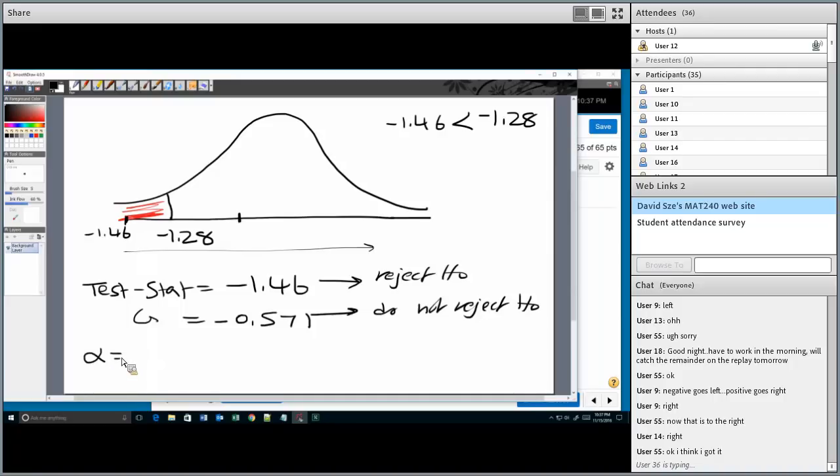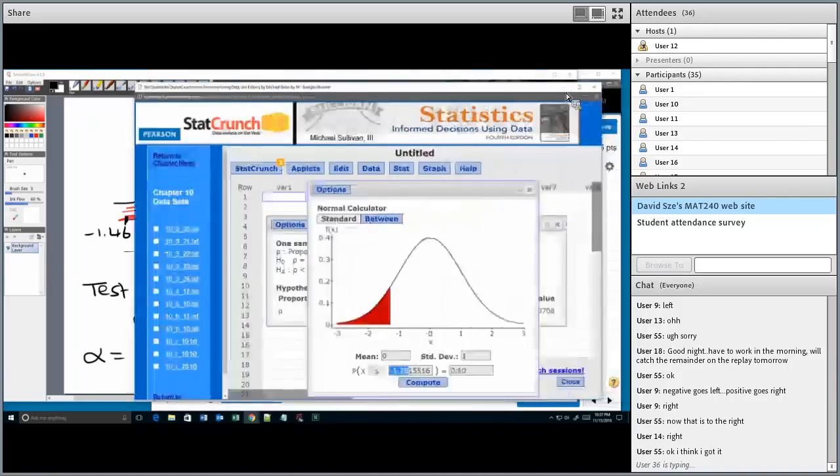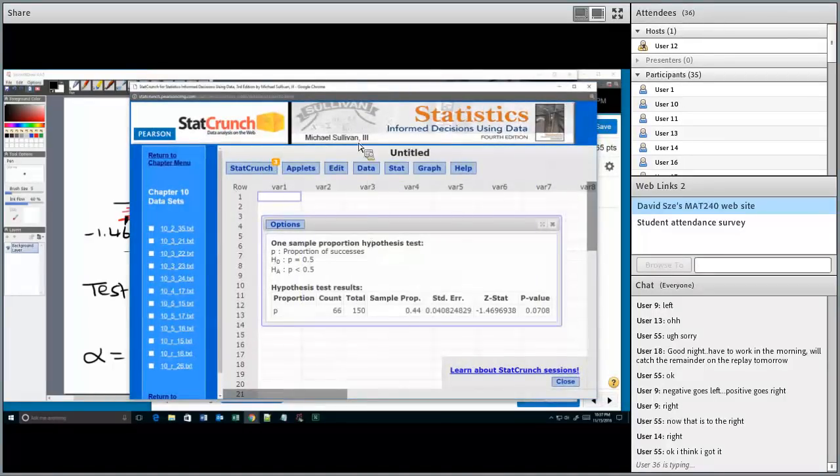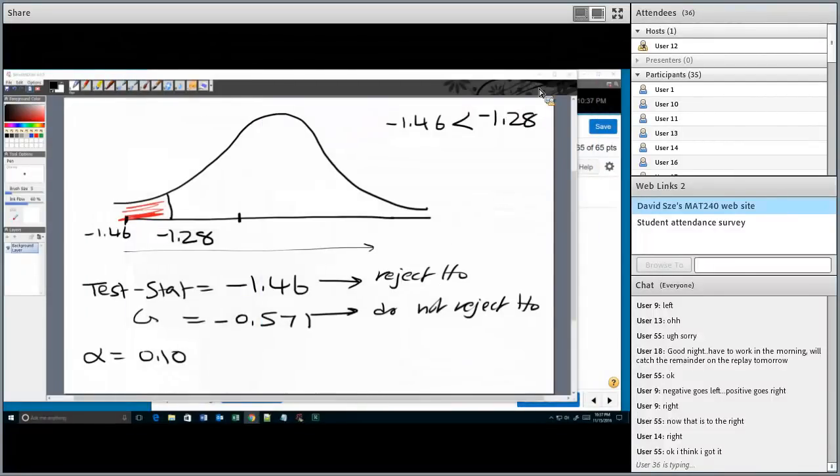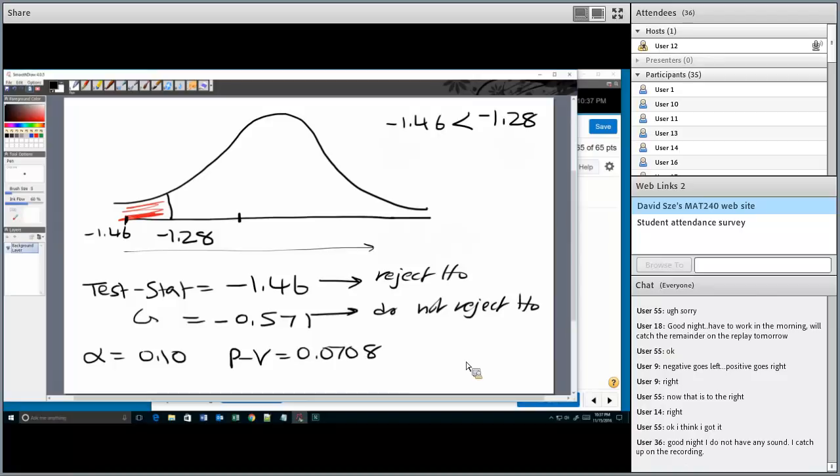The p-value approach is much simpler. Alpha is 0.10. If you look at your output here, the p-value is given. When you do your problem, StatCrunch will print out your p-value, 0.0708. Now all you have to do is compare these two.